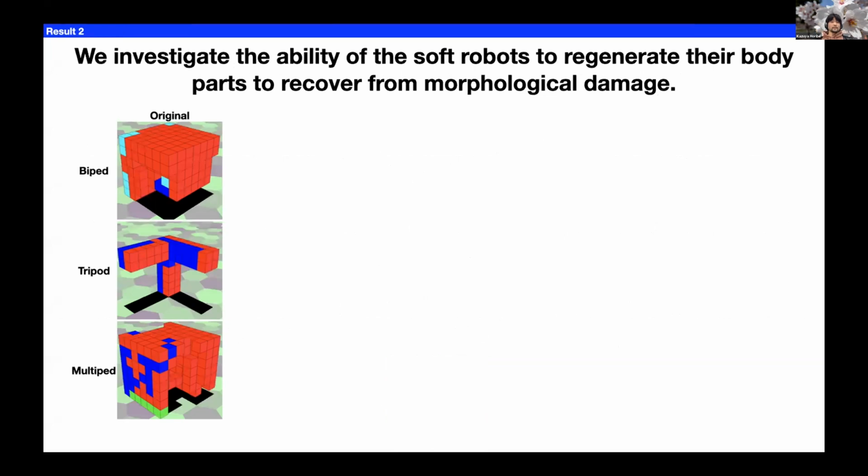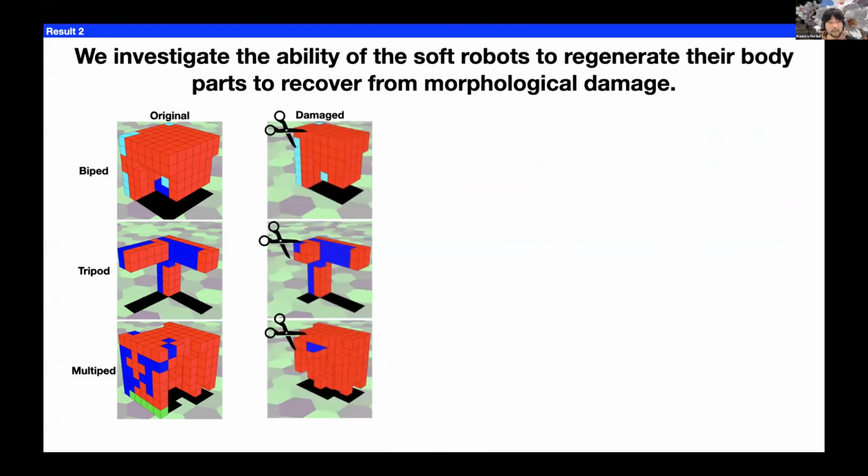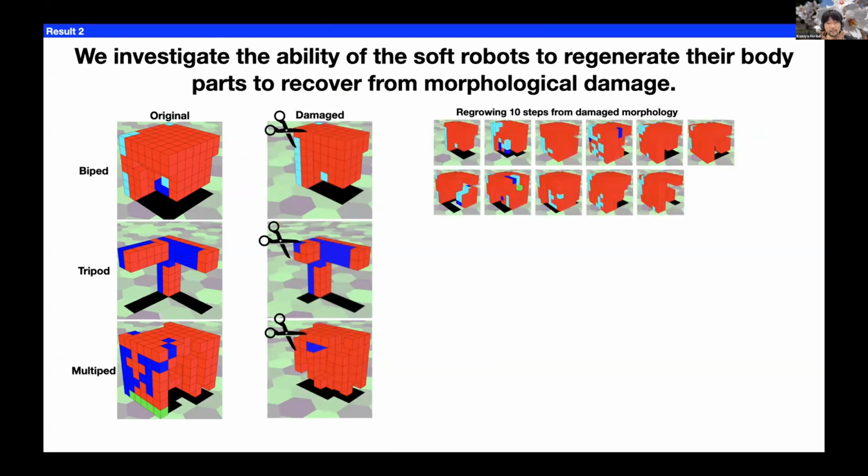So the next step is we try to give this soft robot the ability of regeneration. We pick three morphologies, the biped, the tripod, and the marsped, and we cut half of these morphologies and try to regrow.